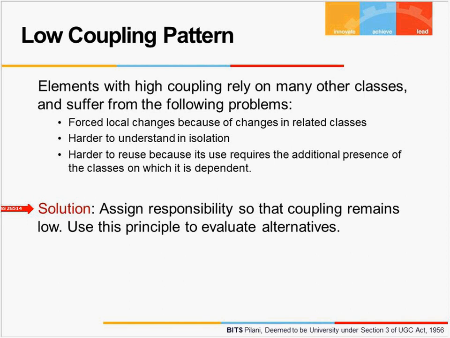Let's try and understand what we mean in a language-specific way by the concept of coupling. In an abstract manner, we say that coupling is connectedness or relatedness. But at the level of implementation, what do we mean by actually having a higher coupling? Say for example, there is type X and type Y. These are the two classes that you have.